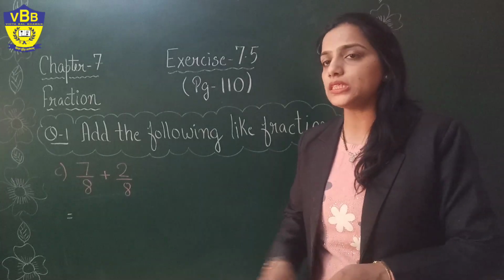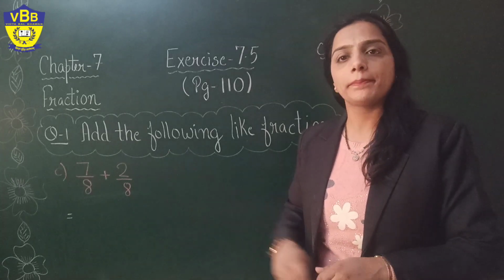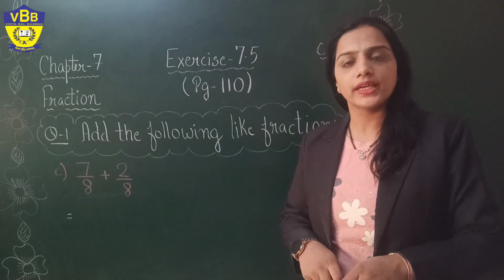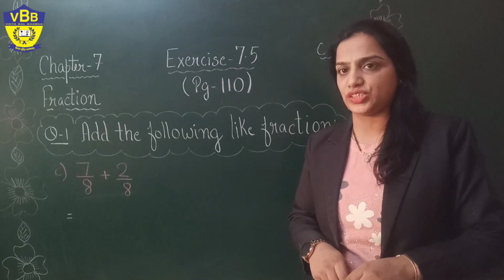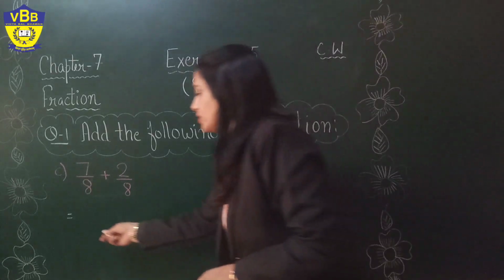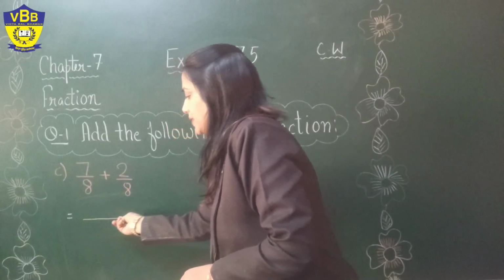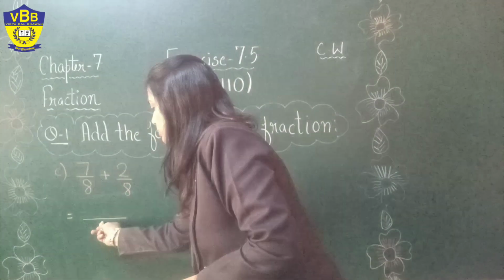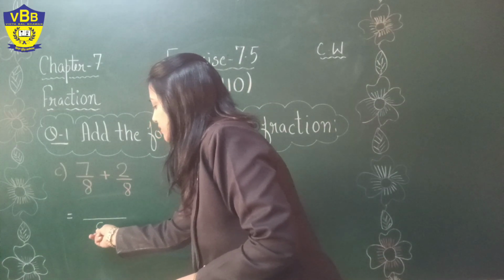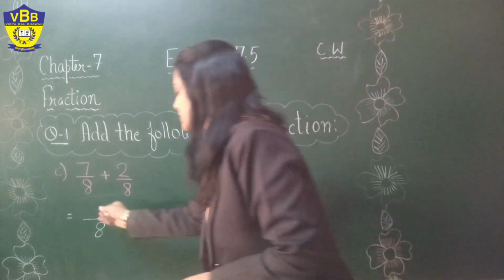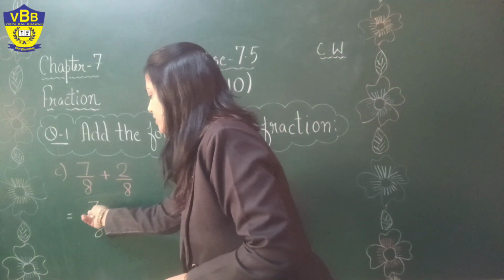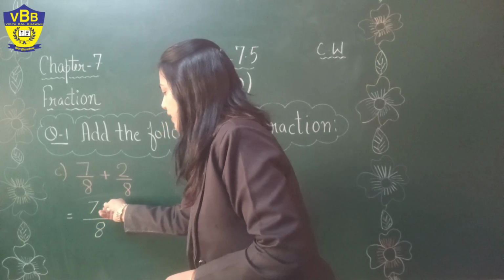Now students, we will solve the C part also of question number 1. So the C part is 7 by 8 plus 2 by 8. So we have to do the addition of these two fractions. First, it is a like fraction, so the denominator will remain the same, that is 8 only. Next, the numerator value is 7 and we have to do the addition.